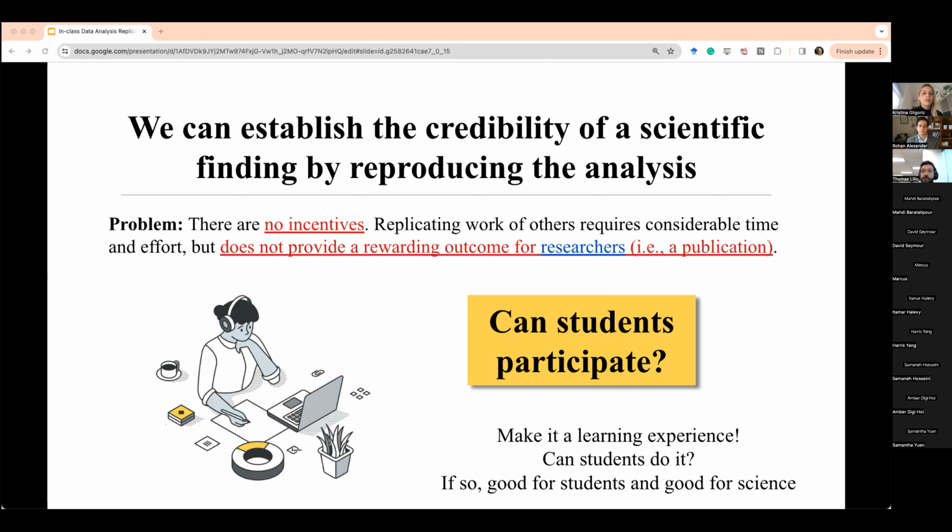Could students even do it? If so, that would be good for students and it would be good for science. There is also existing literature arguing that universities are really well positioned to introduce replications as class assignments, and in that way establish a culture of replication and promote critical thinking.